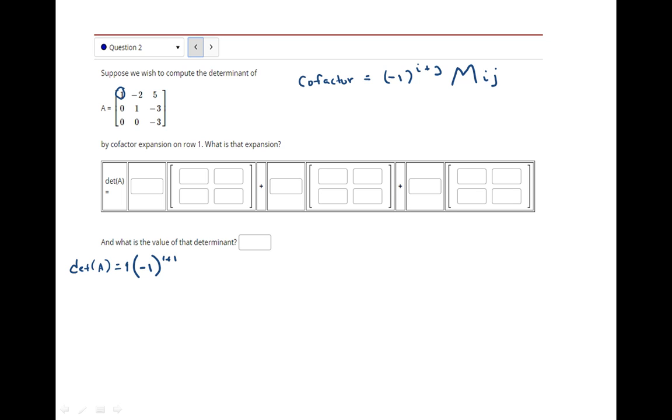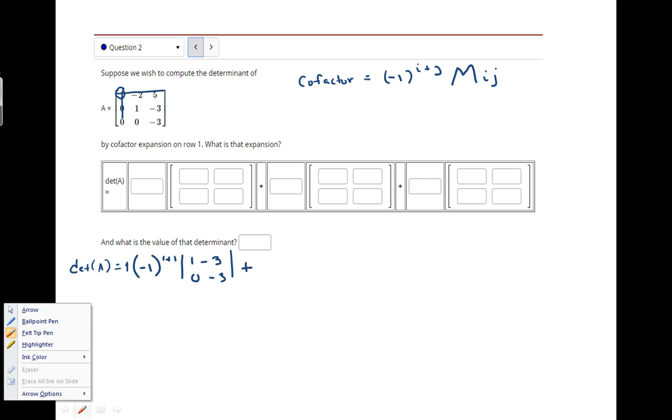And then the minor is determined by eliminating this column and this row. So that's going to leave the matrix 1, -3, 0, -3. So that 2 by 2 matrix, the determinant of that matrix. Plus, now, let me just get my eraser here.